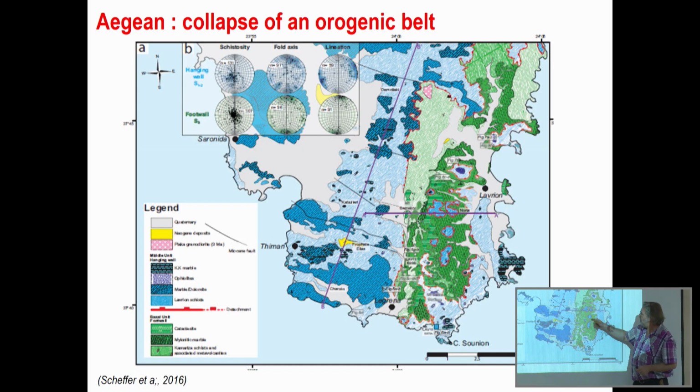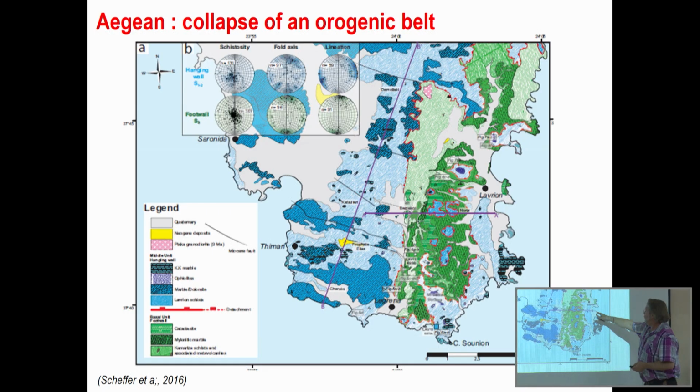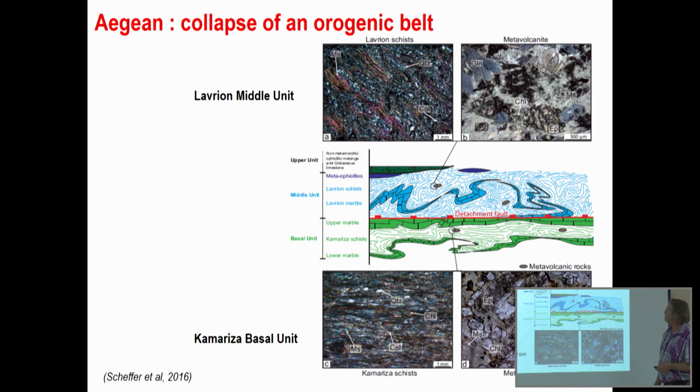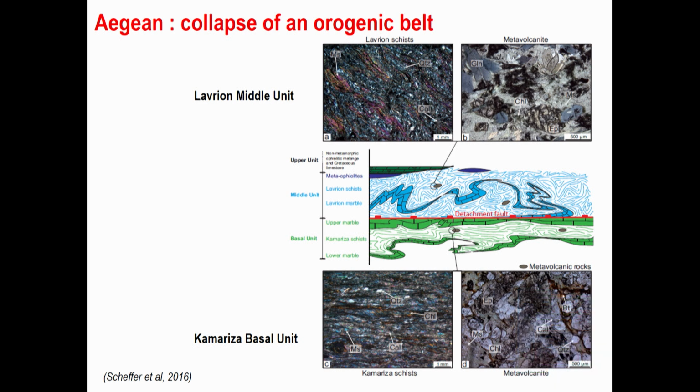So these are klippen. And the green is mostly greenschist facies, marble and schist. The same protolith, different metamorphic grade. So if you look at it on cross sections, it looks like this. So you have marbles folded and refolded with the schists, on top of marble and schist, folded, refolded, but with mostly greenschist-facies minerals.